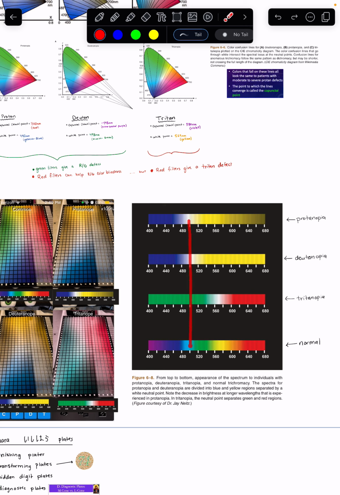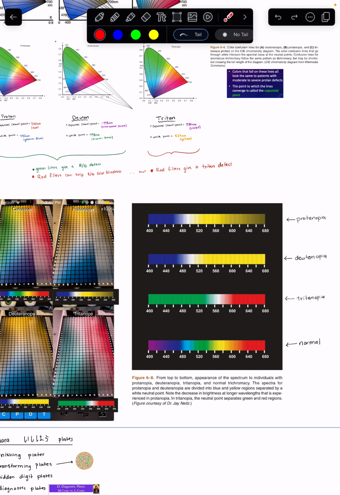My white point's that greenish blue, 492. They don't confuse blues and yellows, but they lose a lot of their red and green, so they can't tell red or green. And so you can compare that here too. So this is how they would see this color spectrum. They see it like this.